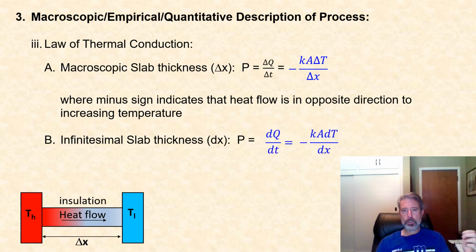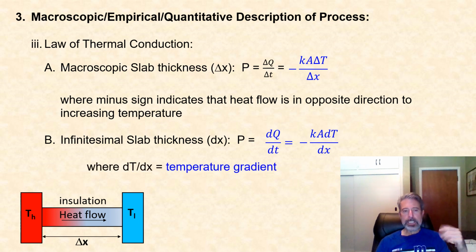By making this substitution, delta Q over delta t becomes dQ/dt, in which case we're now taking the instantaneous rate of energy flow, and delta T over delta X becomes dT/dx. dT/dx is what we call the temperature gradient. It shows you how the temperature changes with position, in a microscopic or very small scale fashion.